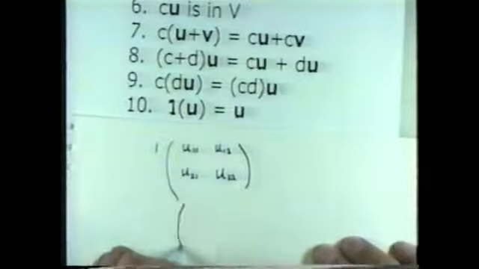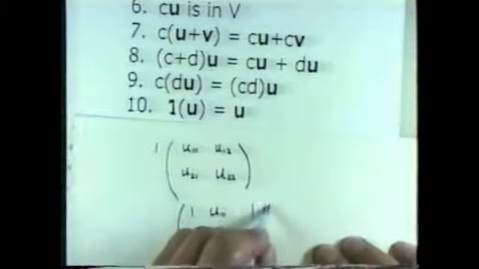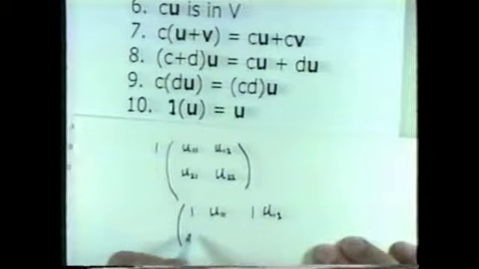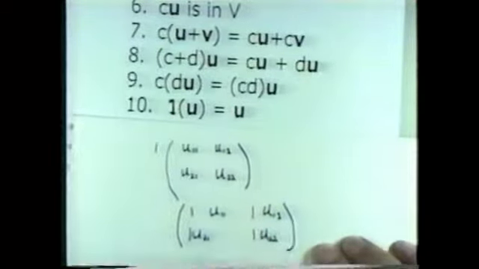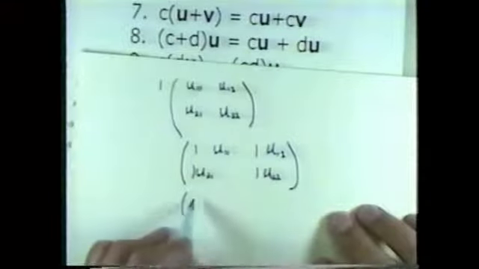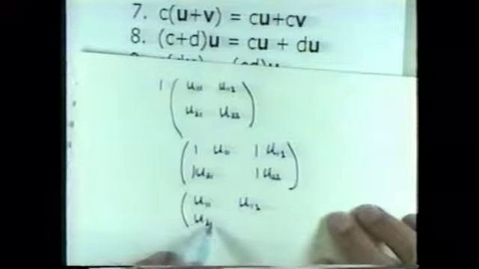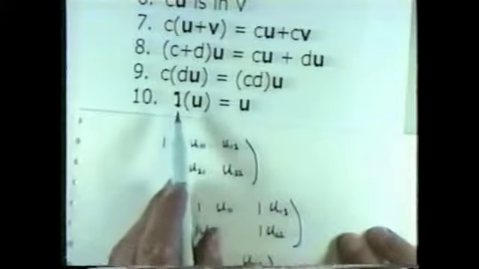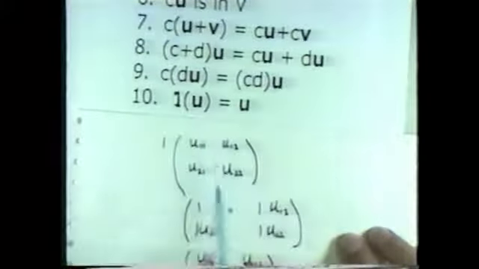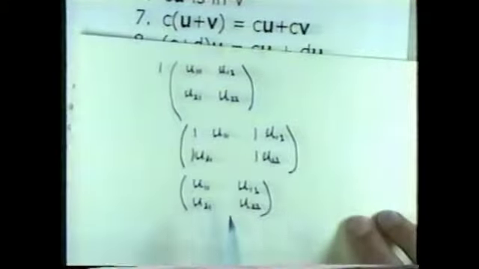So it would be 1 times U11, 1 times U12, 1 times U21, 1 times U22, which is just U11, U12, U21, U22. So the scalar 1 times U is equal to vector U.